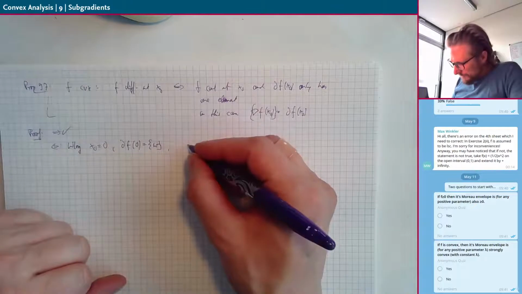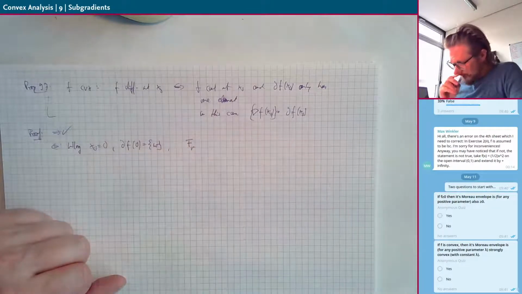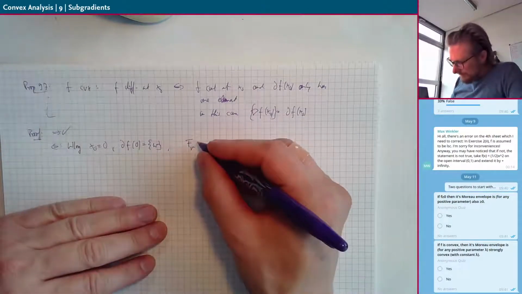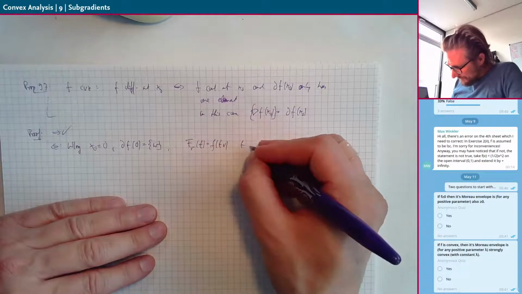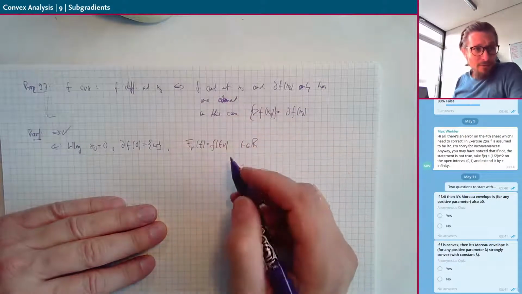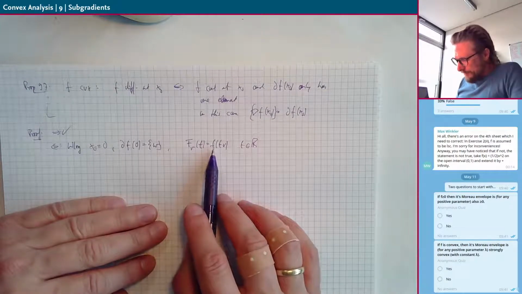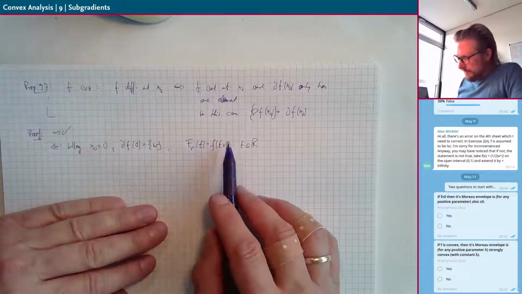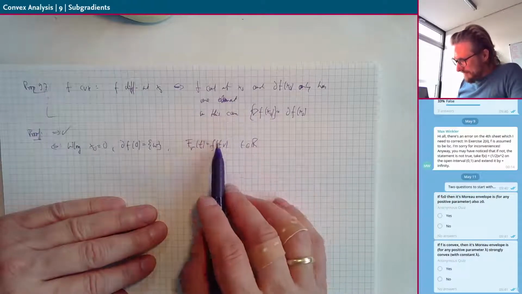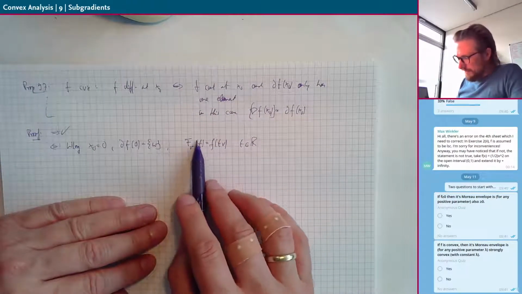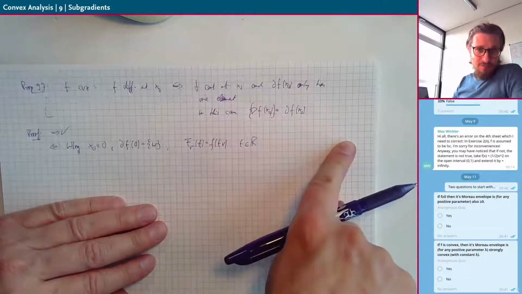And we define a helper function, capital F_v, using v as a direction: F_v of t equals f of t times v for t a real number. So basically from the point 0, which is our x0 here, we look into the direction v. v is fixed, so we scale linearly by t, and this is a real-valued function. So this is the function f looking from 0 in direction v and how it behaves in this direction.